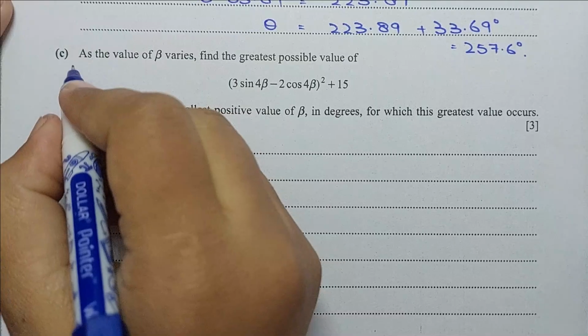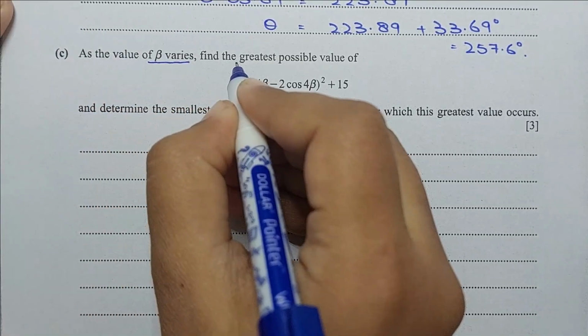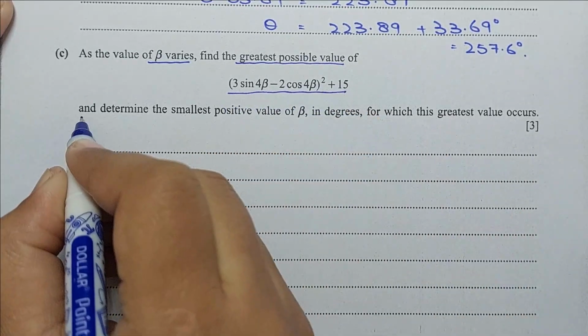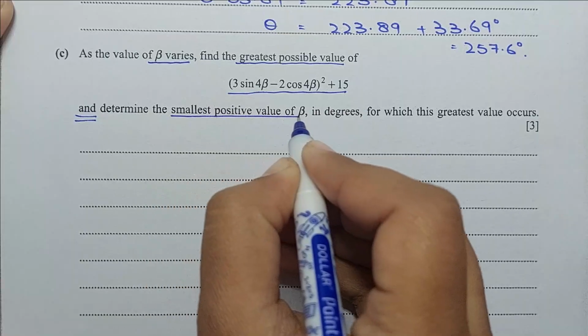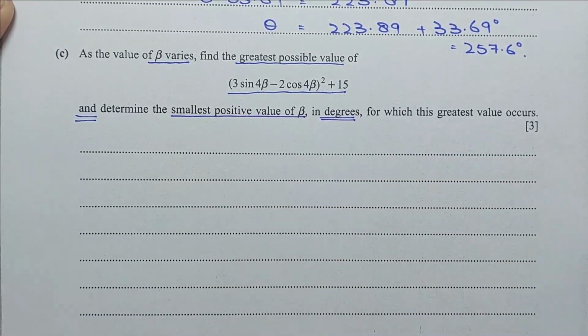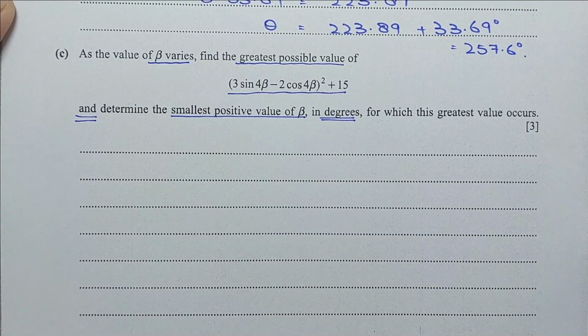Now for part C, as the value of beta varies, find the greatest possible value of this expression and determine the smallest positive value of beta in degrees for which this greatest value occurs. Okay, so first let me rewrite this expression.